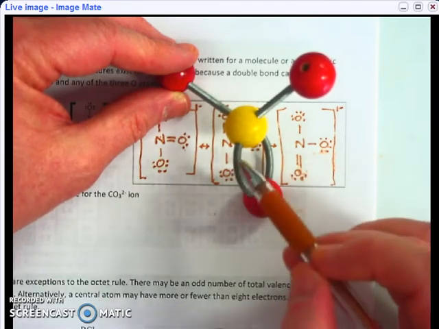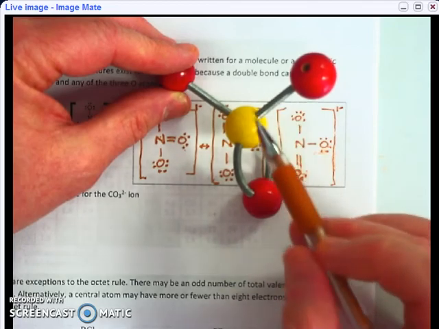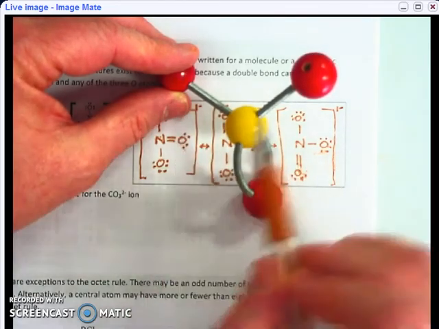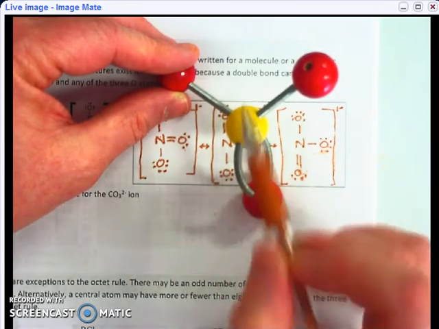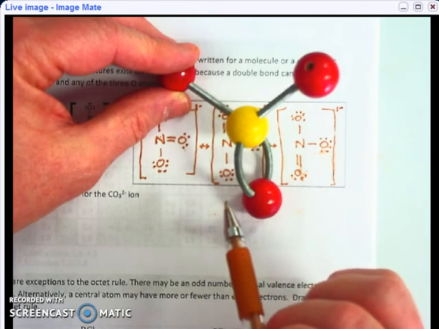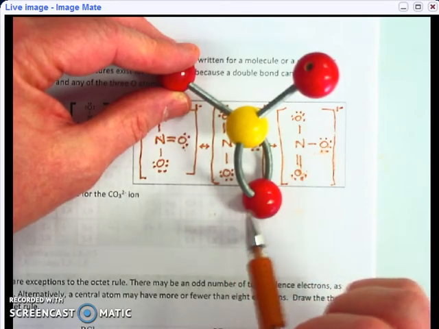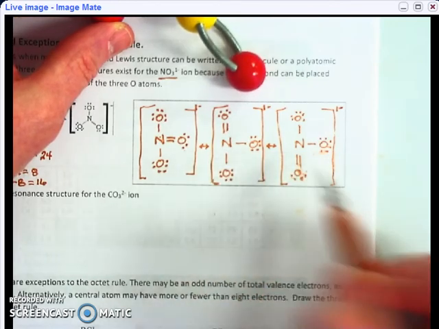So these 2 extra electrons spend part of their time here, part of their time here, and part of their time here. They're moving around to all 3 different spots. They don't belong to any one of these, they belong to all 3. Okay? So the only way we can show that is with this type of format.